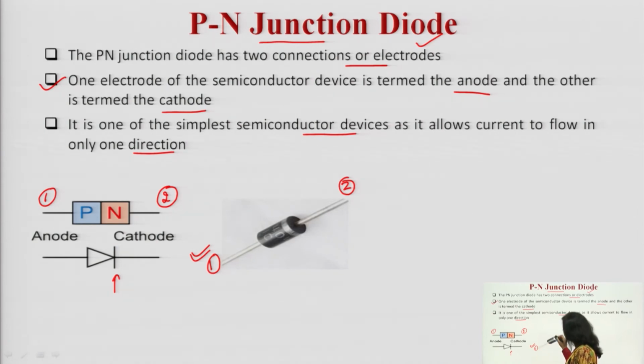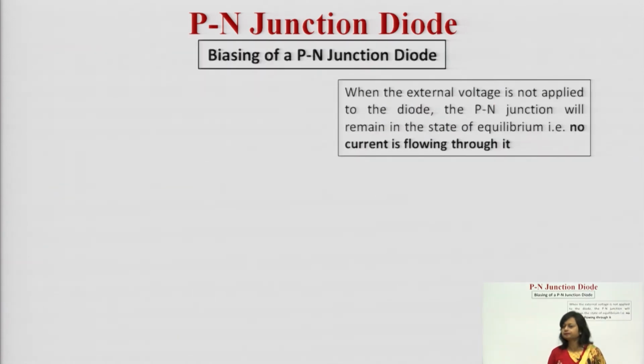Here you can see there is a silver bar at one side. Wherever you get the silver bar, that is the cathode, meaning the negative end. So this is negative, this is positive, anode and cathode. This is how you can identify the terminals of the diode.